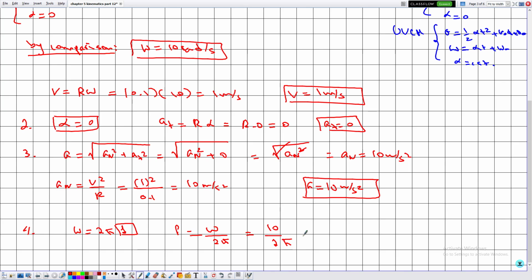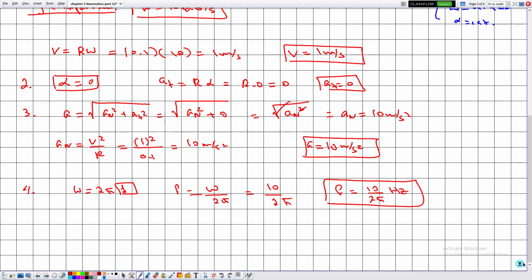So the frequency is given by 10 divided by 2 pi and the unit is hertz. As for the period, it is given by 1 divided by f, so 1 divided by 10 over 2 pi, which is equal to 2 pi divided by 10, in seconds. Okay.